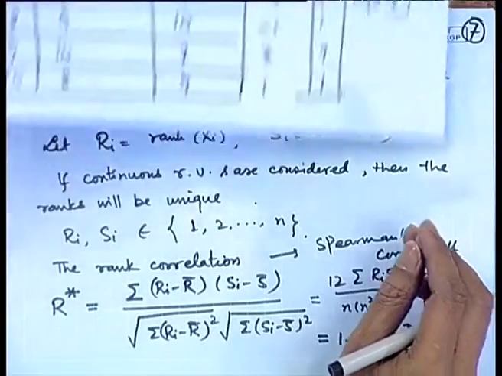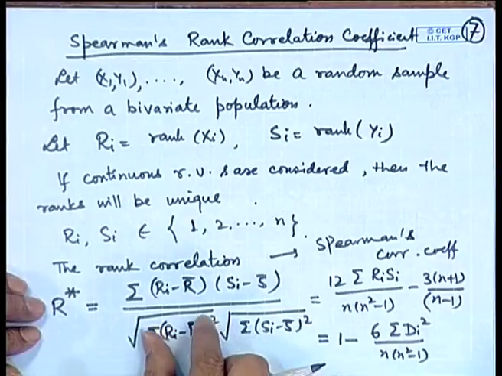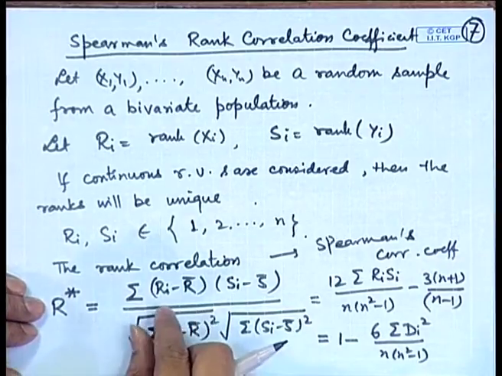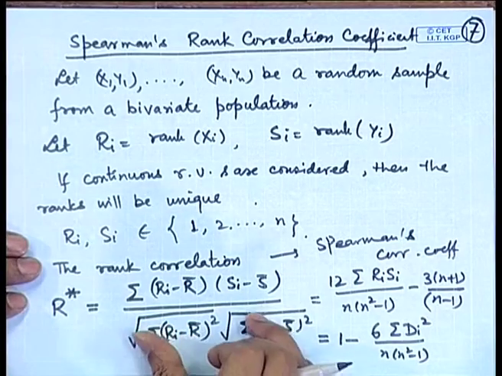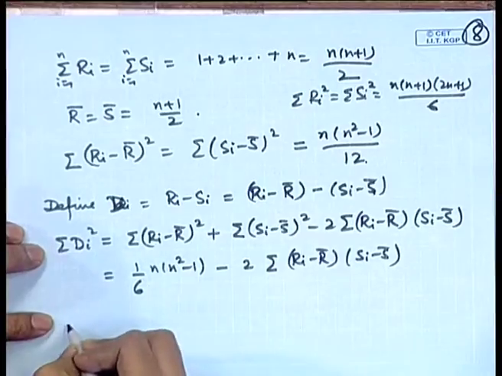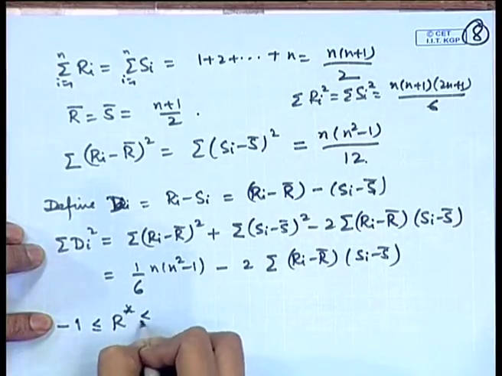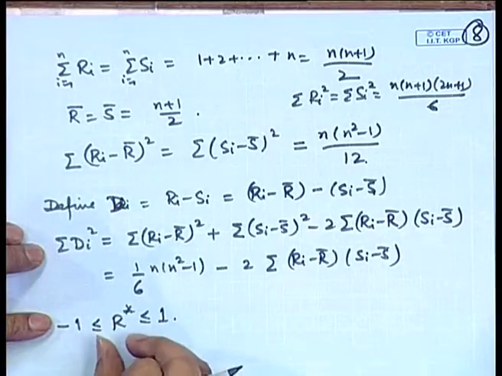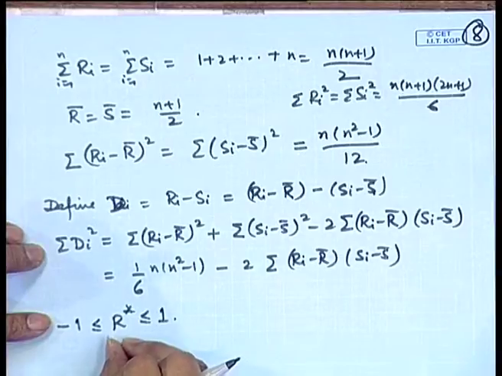Since this formula for the rank correlation is calculated from the Karl Pearson correlation coefficient, the properties which the correlation coefficient satisfies are also true here. That means, in general, minus 1 is less than or equal to r star, which is less than or equal to 1, and this is again a measure of linear relationship, but between the ranks.